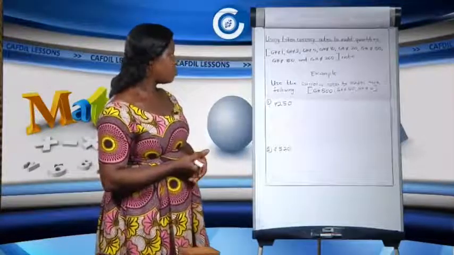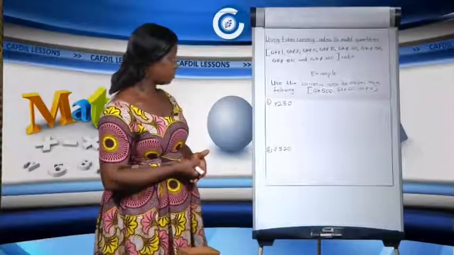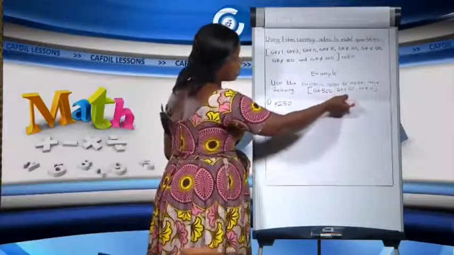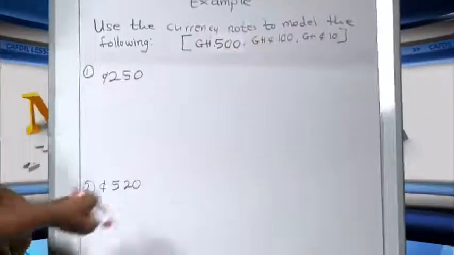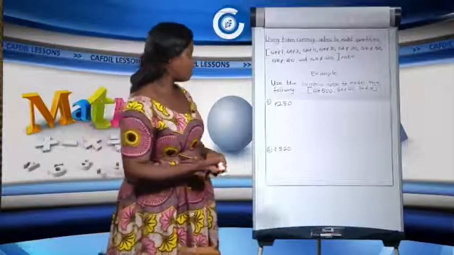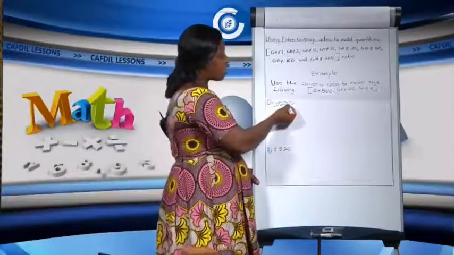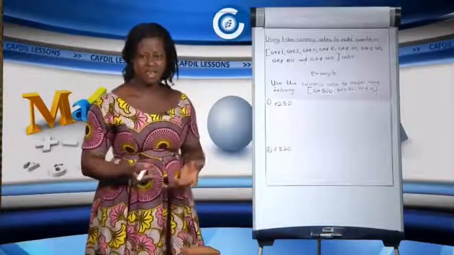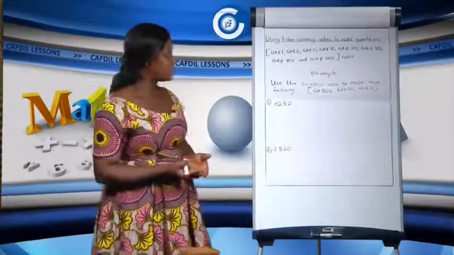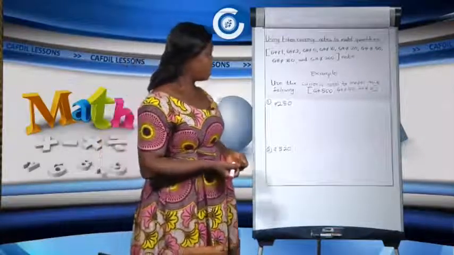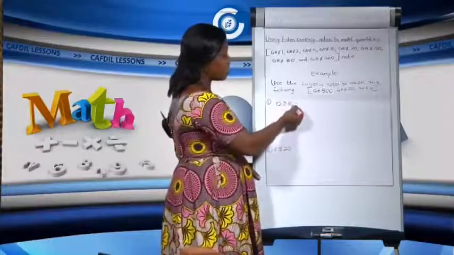Now, you went to a shop. Your mom has given you these notes, 500 Ghana, 100 Ghana, and then 10 cedis. You went to a shop to buy something, and the cost of the item was 250. Which notes and how many of the notes are you going to give to the shop owner? You know the value of the item, 250.